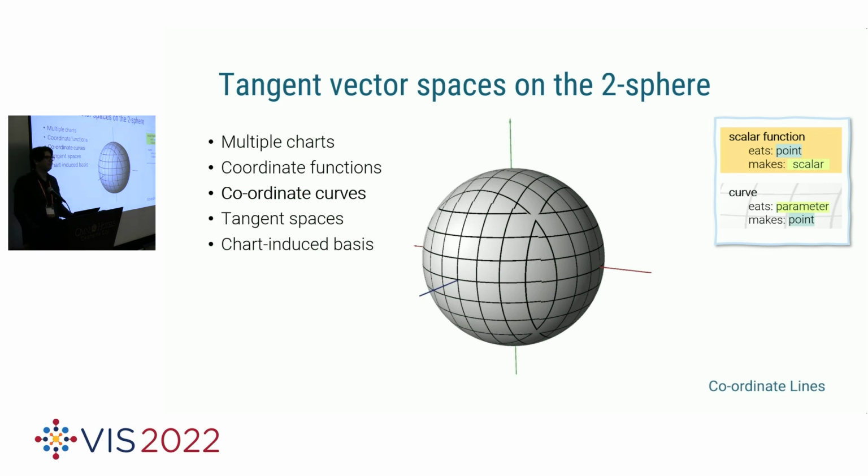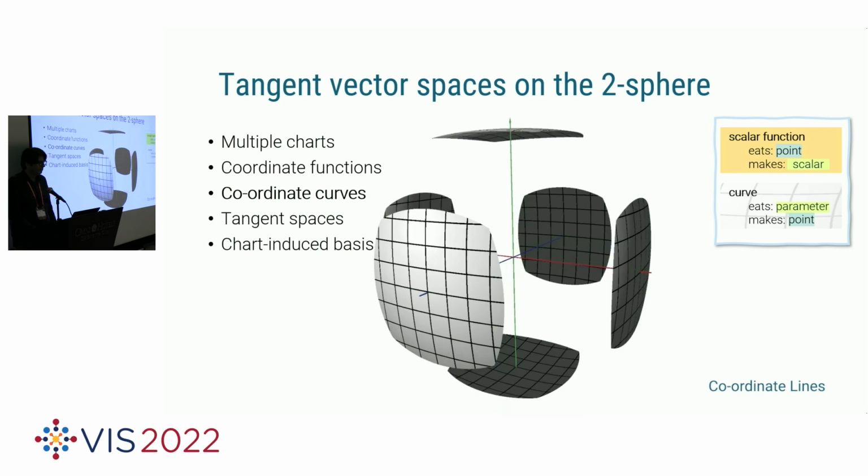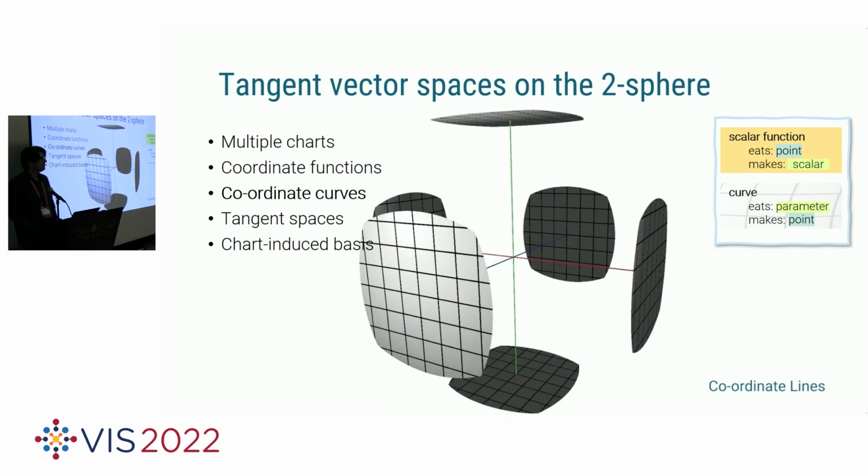It's just for illustration that we have 2 different ones here, and we can look at them superimposed. And that makes sense because we now want to look at the tangent spaces and how they are constructed on the sphere. So here, if we look at these specific charts and at the isolines in the charts, then we can see that they're nicely orthogonal. But that's because of the choice of the charts we make here. It makes it simpler.